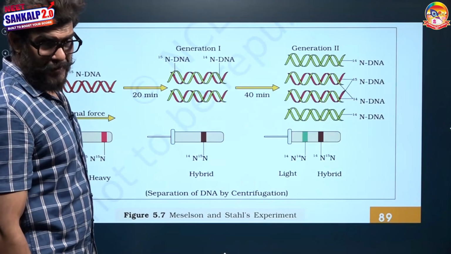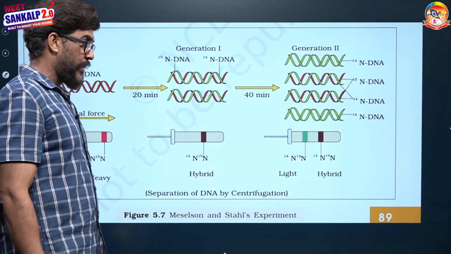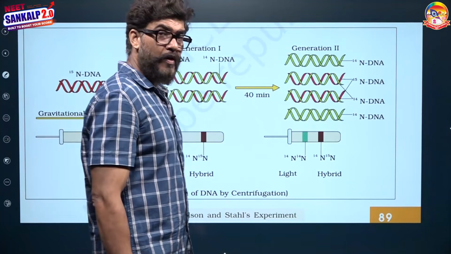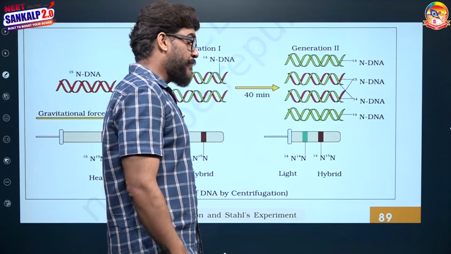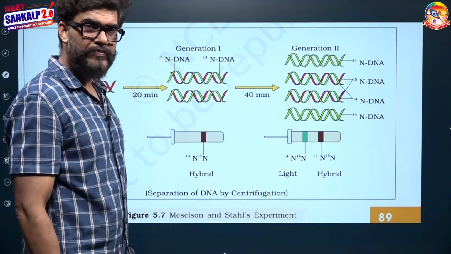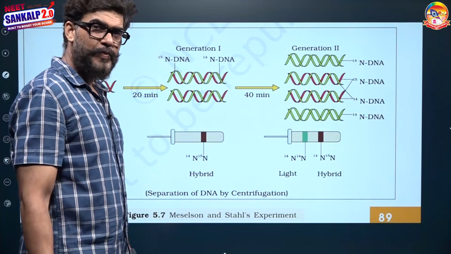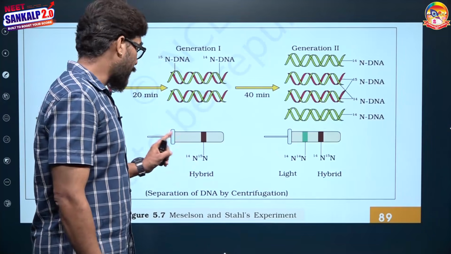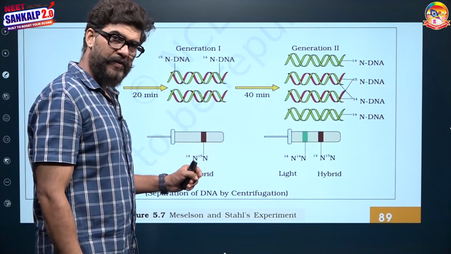After 20 more minutes, meaning after 40 minutes from the beginning, they collected one more sample, and they found that 50% DNA was intermediate and 50% was light. It means nitrogen 14 produces 14 and 15 also produces 15.